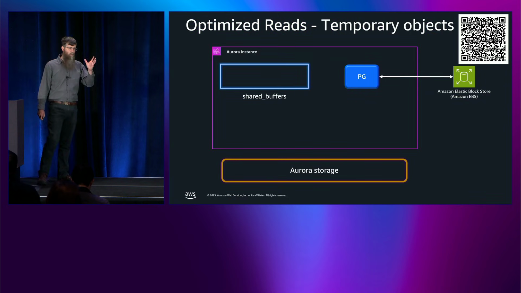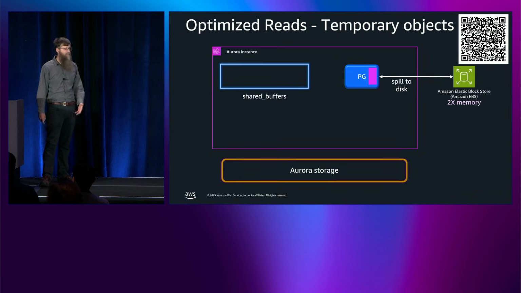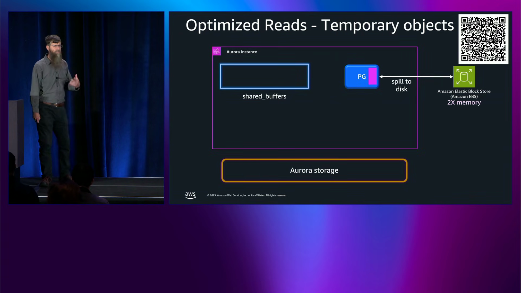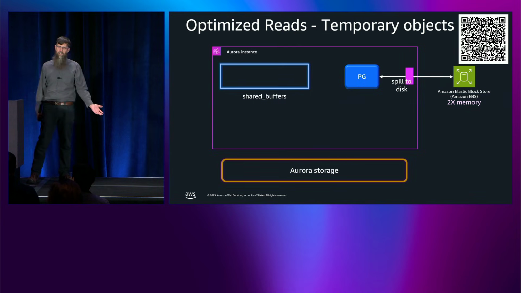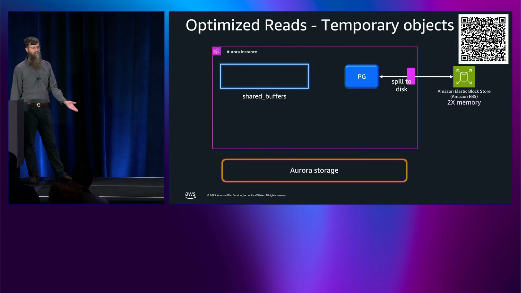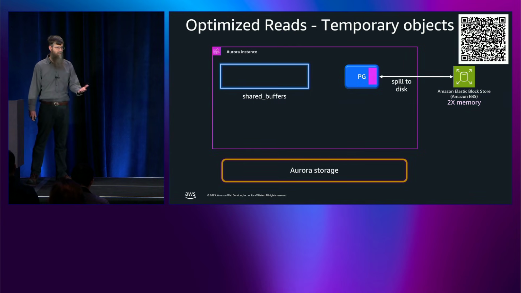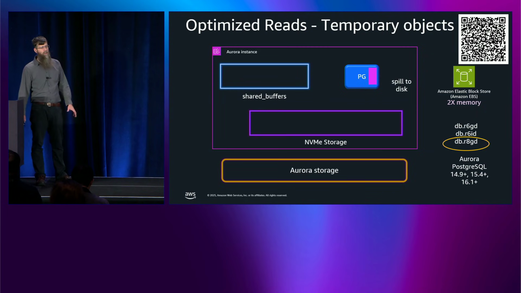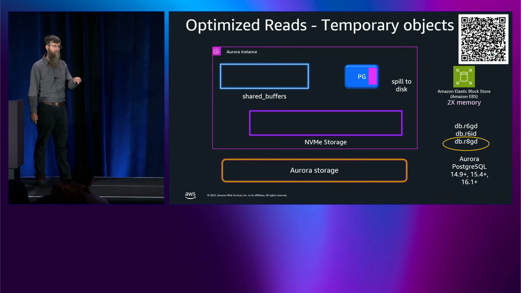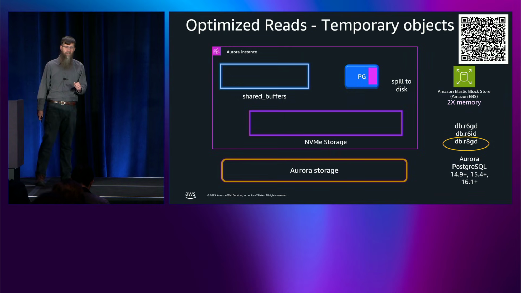So one part of the puzzle is temporary objects. When your Postgres is doing something like a really big index rebuild or a really big sort, it might run out of memory and it needs to spill to disk. And in a normal system, that disk is an EBS disk, so we have some performance considerations there. If you choose a D instance, like an R8GD, then you have a local NVMe instance storage device inside your database instance.